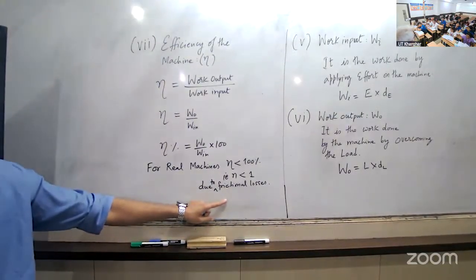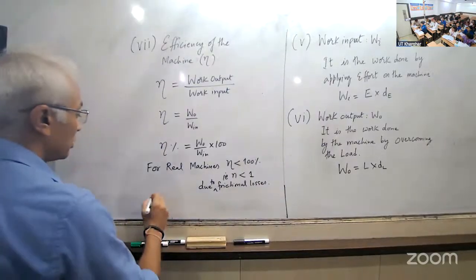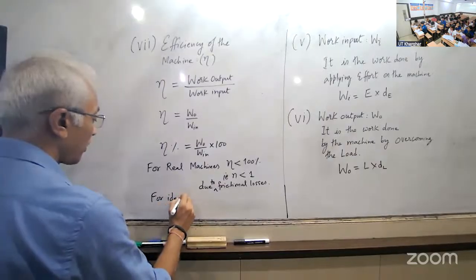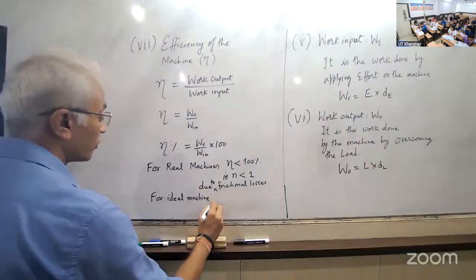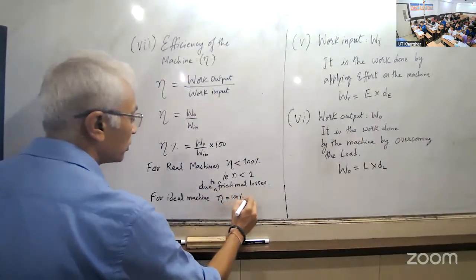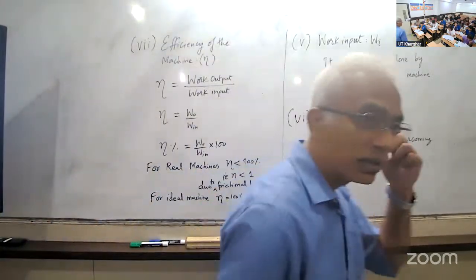It is ever present. So frictional or dissipative losses. So for an ideal machine, efficiency is equal to 100% or 1. So only for an ideal machine.